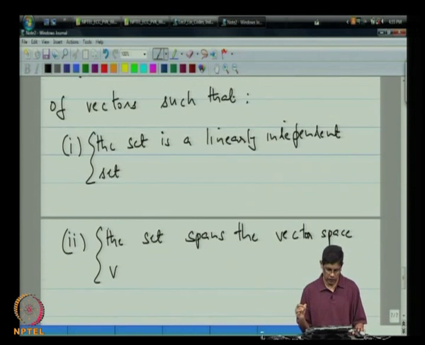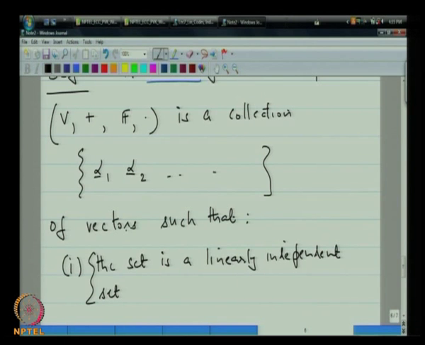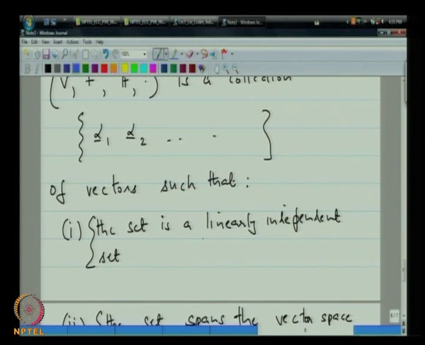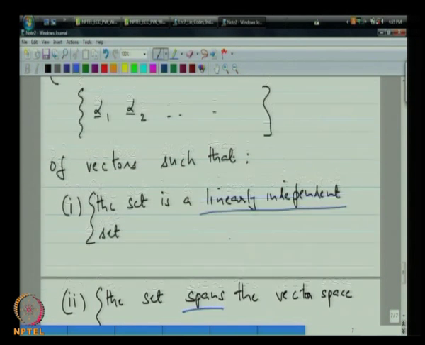So, a basis is something that combines the two notions that we had introduced earlier. One is that of linear independence and the other one is that of spanning.